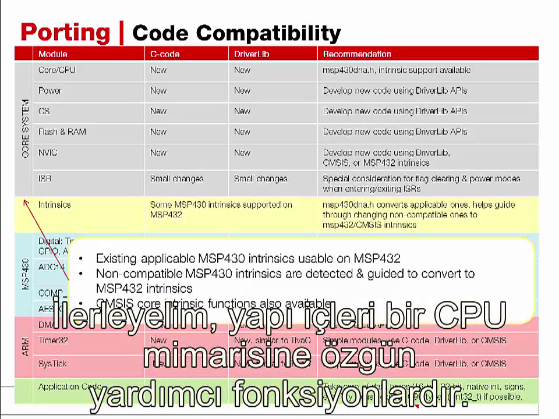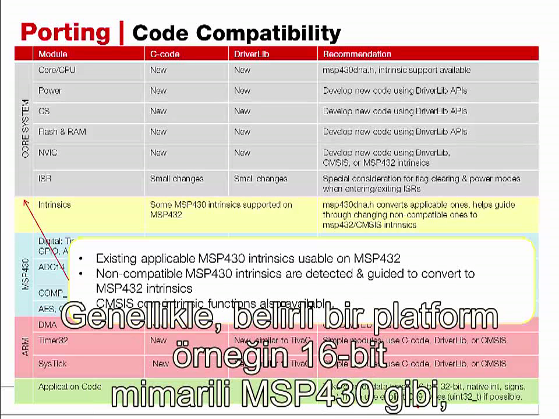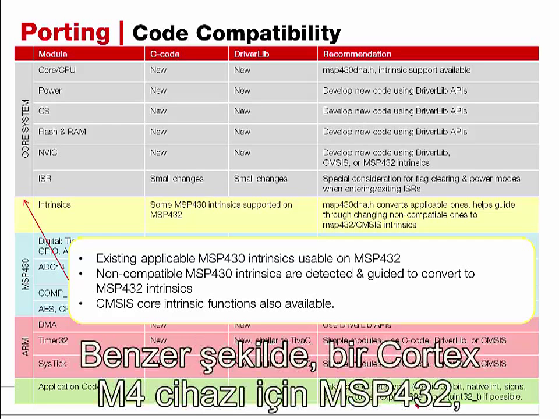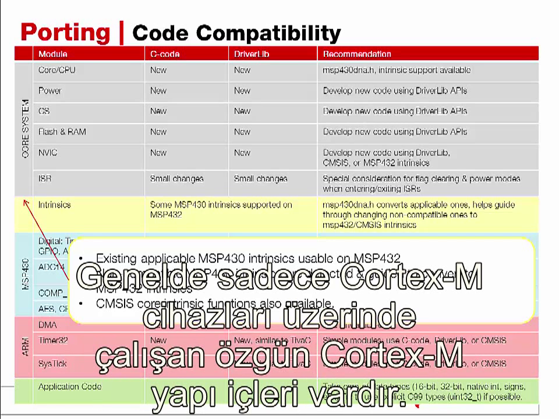Moving on, intrinsics are the helper functions that are really specific to a CPU architecture. So usually for a given platform such as the MSP430 16-bit architecture, there are specific intrinsics that only work for MSP430. Similarly, for MSP432, which is a Cortex-M4 device, there are specific Cortex-M intrinsics that usually only work across Cortex-M devices.